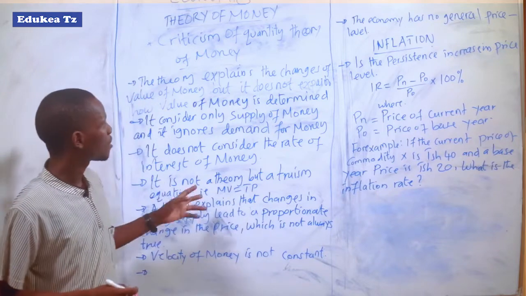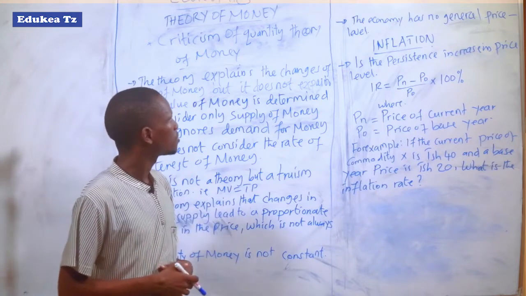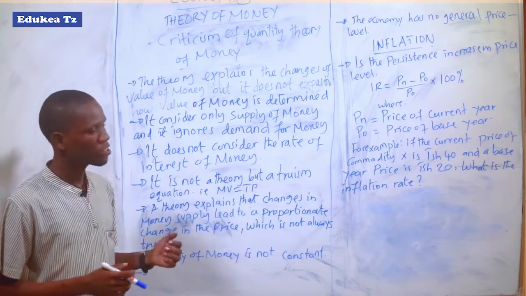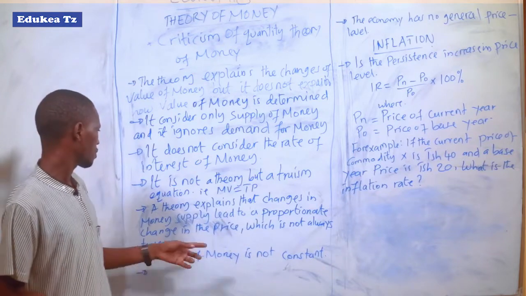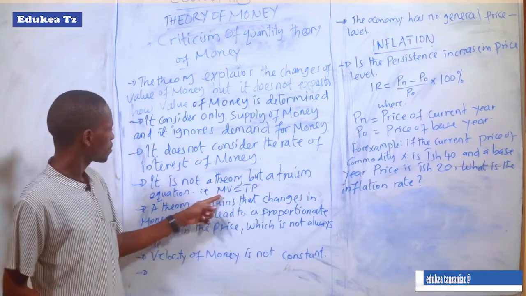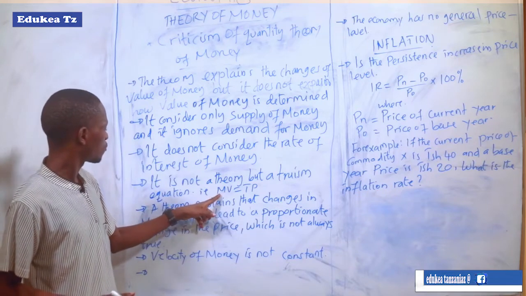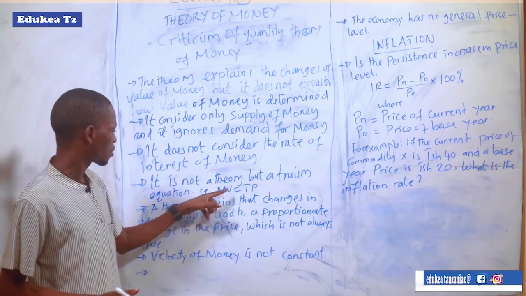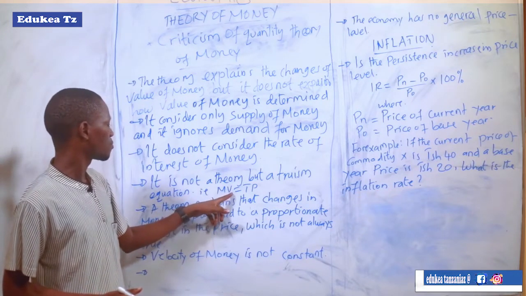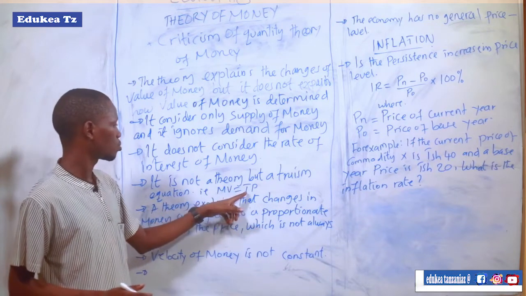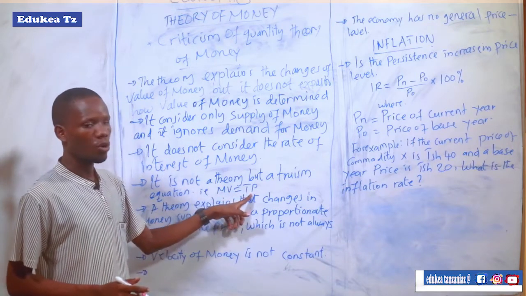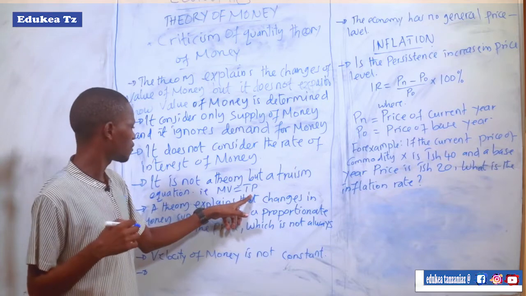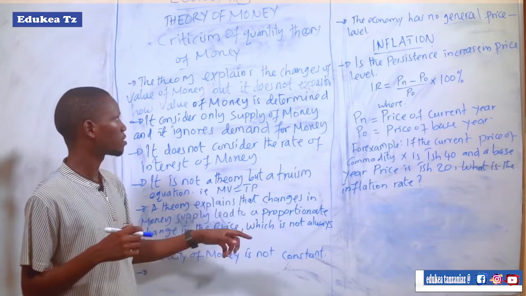Also, we have another criticism, which is that the economy has no general price level. As we have seen in this equation, the quantity of money in circulation times velocity of money equals total transactions of different activities in the economy times price.